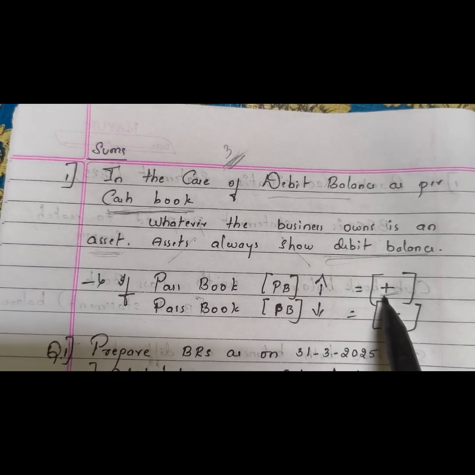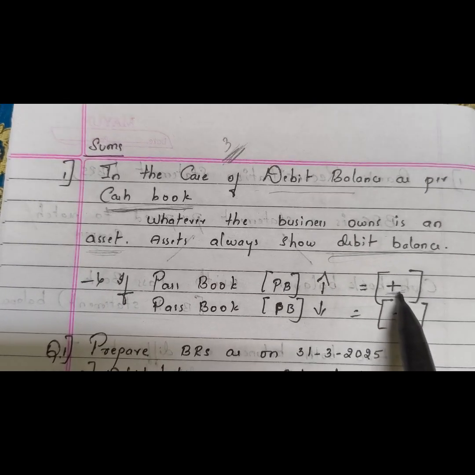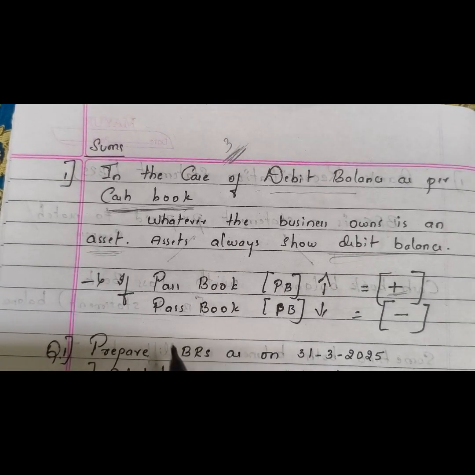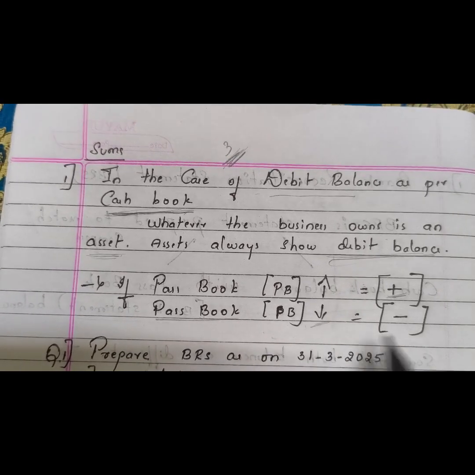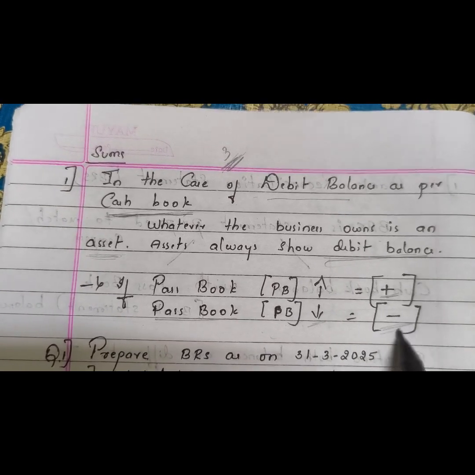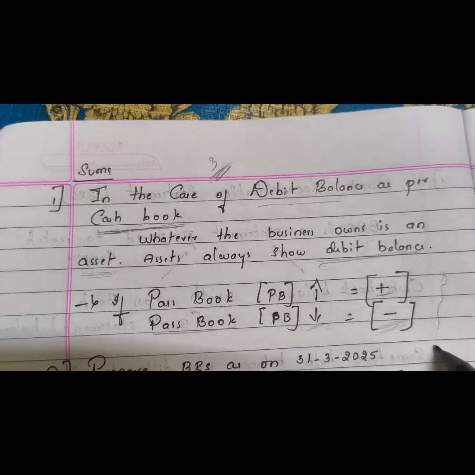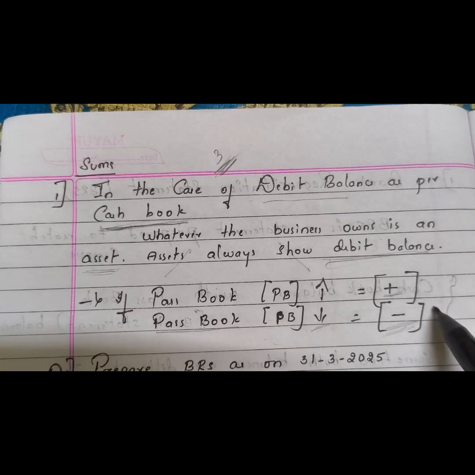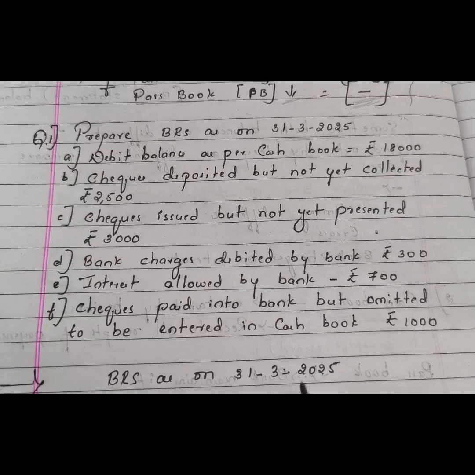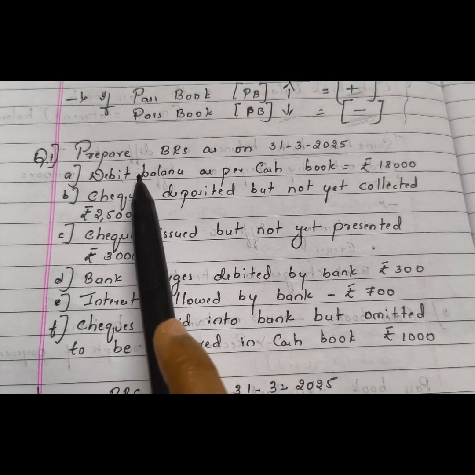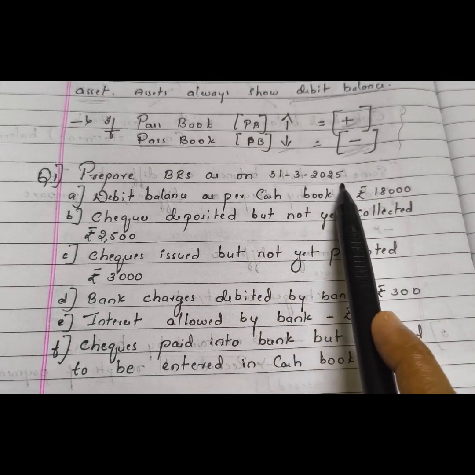That is, if a bank balance or passbook increases, you have to add those items. In case the passbook or bank balance decreases, you have to minus those items. These two things you have to keep in mind to solve a problem. Clear? Now to the problem. Here, prepare BRS as on 31st March 2025.